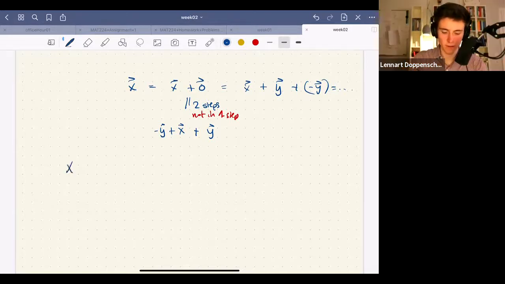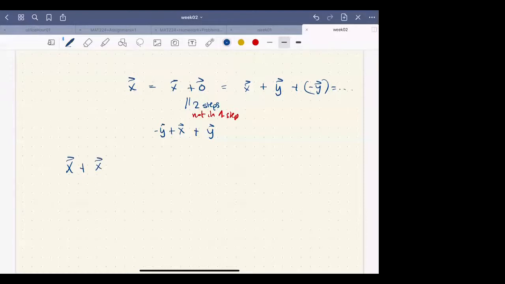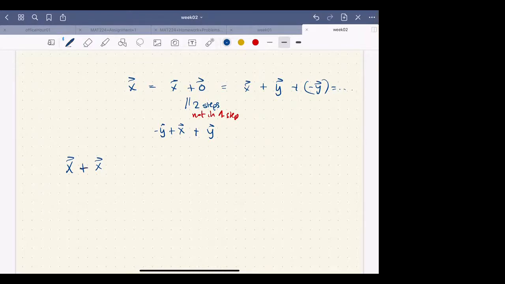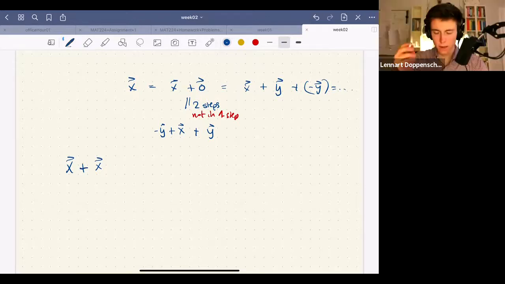Oh, you mean if you add x plus x, right? Yeah, and can you flip it? If you flip it, you won't even see it. And negative x would be a different variable then, right? Yes, negative x is a different vector, a different element.